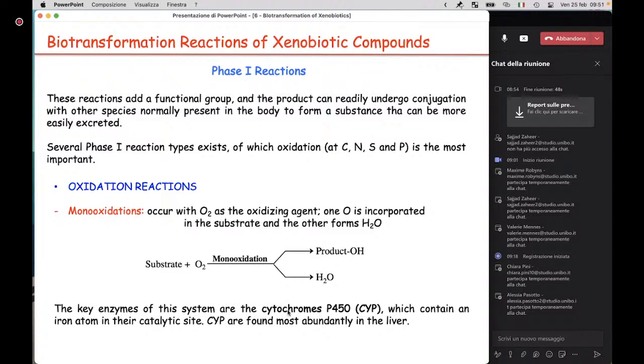They are enzymes that contain an iron atom, so they are iron-dependent enzymes. And most of them, almost all of them, are found in the liver. So you may remember that the liver is the biotransformation central in our body, and the most important enzymes of biotransformation are, of course, there, including CYP enzymes, cytochromes.